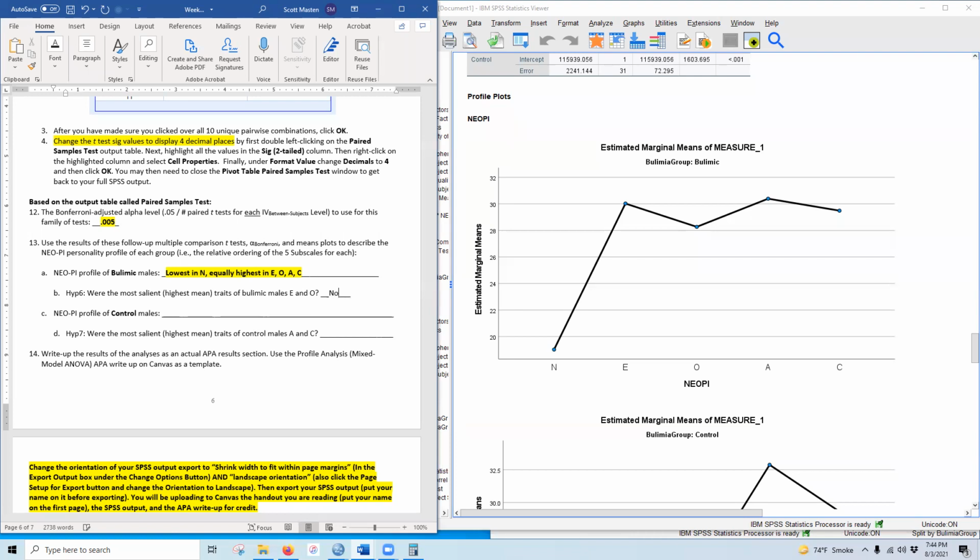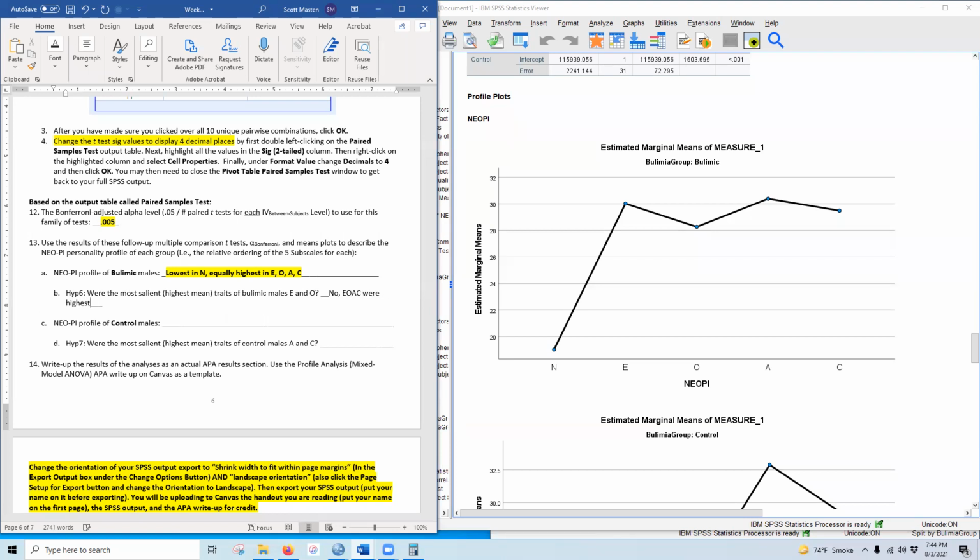Actually, I'm going no. It was E, O, A, and C that were highest. I think that is the best answer here. And you're like, why? Well, E and O were highest, right? But no, they weren't the only highest. So they were highest, but also A and C. So they weren't like the most high ones.